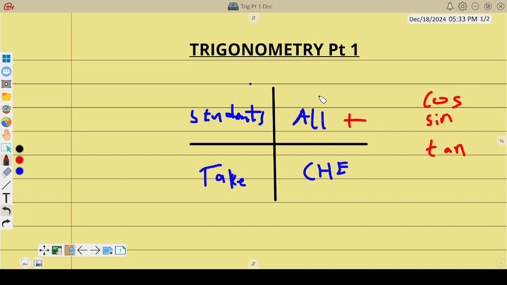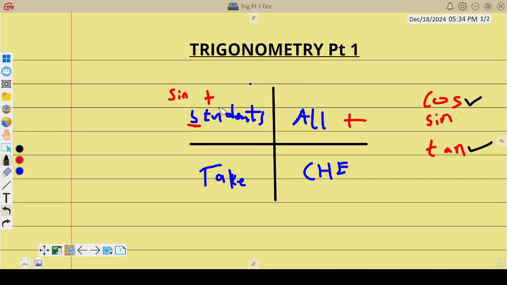In here, cos is positive, sine is positive, and tan is positive. Here, all students, so S is for sine. So in here, only sine theta is positive, meaning that the other two which we have, cos and tan, in here they are negative. Are you following? If you don't, at least you can be following through by writing somewhere.